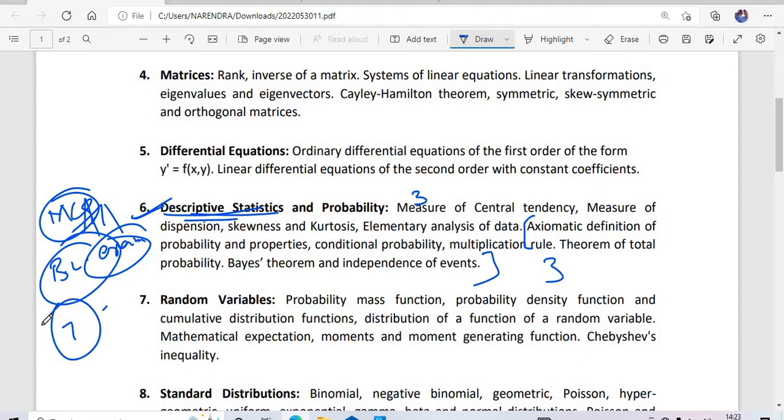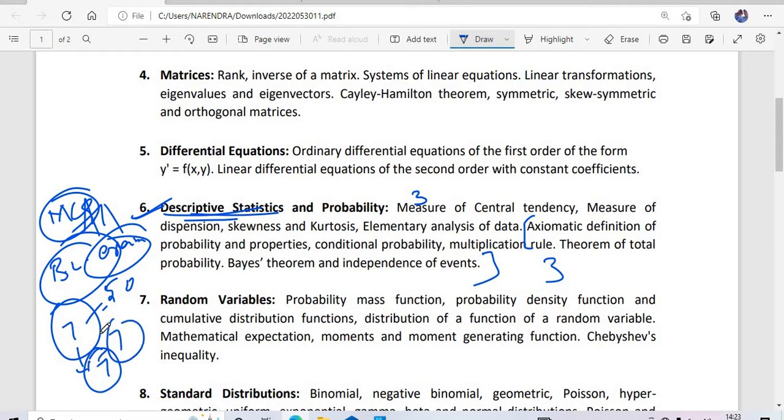In those 7 units, 50 questions are coming. So what is the average weightage of each unit? Maximum 7 questions from each unit.